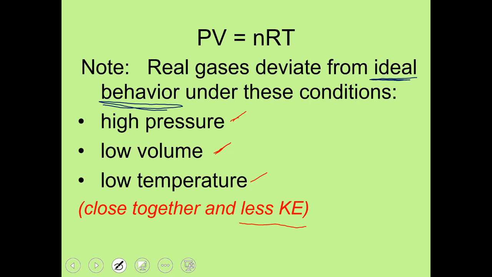But there are some things like helium or neon or other gases that you can get at really high pressure, low volume, low temperature, and they'll still be a gas, but this equation does not accurately predict their exact pressure, volume, moles, and temperature in relationship to one another. It's pretty close, though.